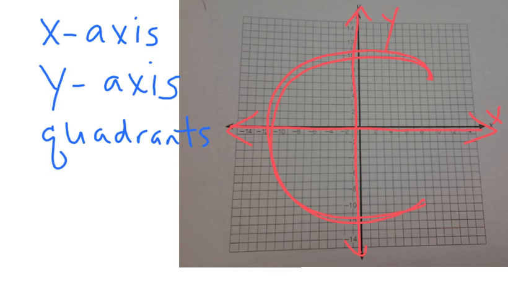So, in my head, this is quadrant 1, and it is quadrant 1, quadrant 2, quadrant 3, and quadrant 4. That's truly how I remember it. I start here to make my C, 1, 2, 3, 4. Goes that way. So that's x-axis, y-axis, and 4 quadrants. You've got to know those.